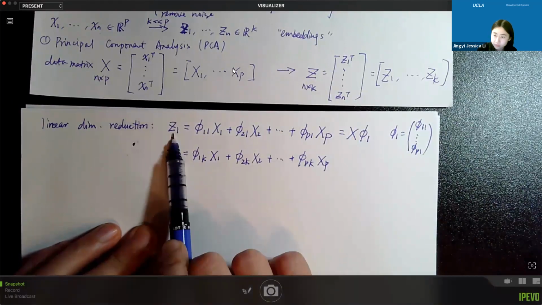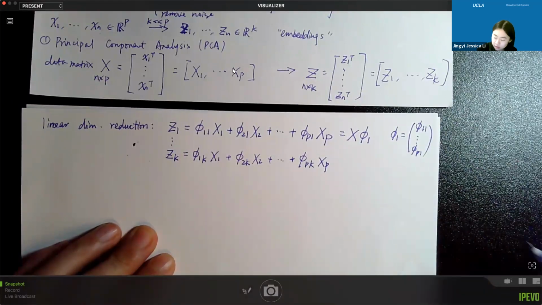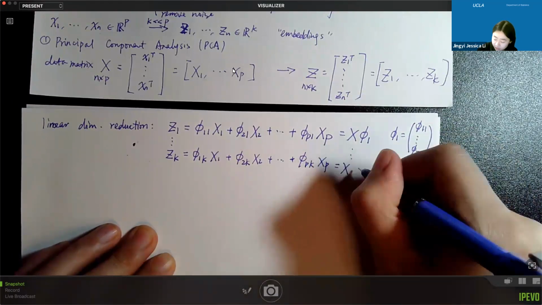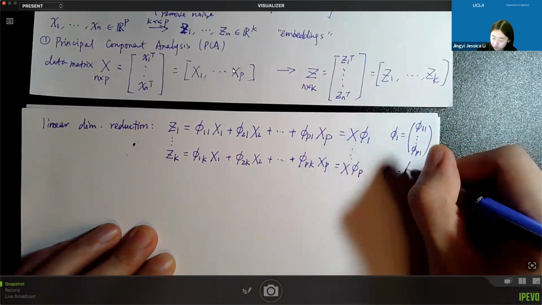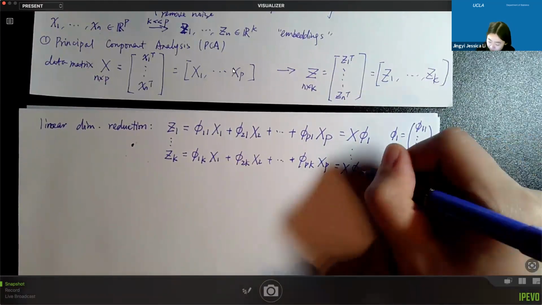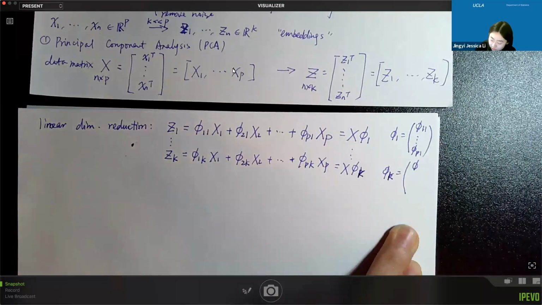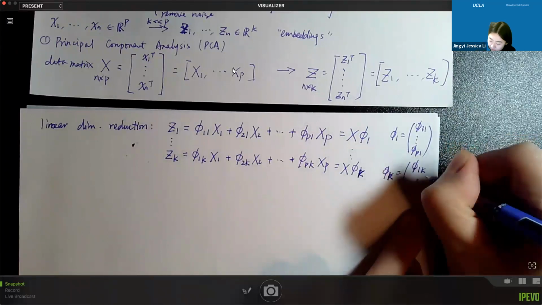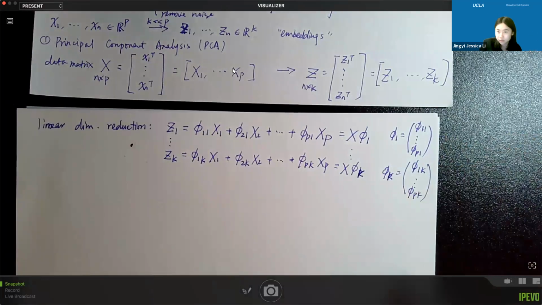That will give me z1. So this is a very succinct way of writing this. Similarly, for the last one, I can write X times phi k. Phi k is a p-dimensional vector with elements phi1k to phi pk. This matrix form can save us a lot of space.